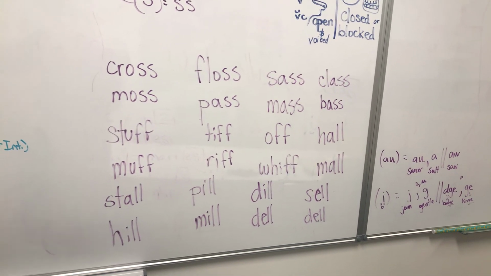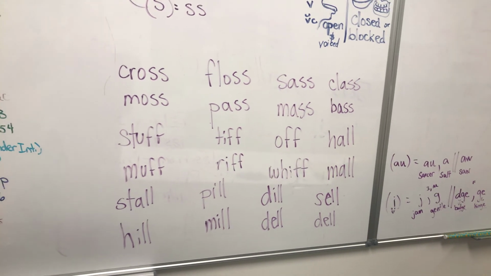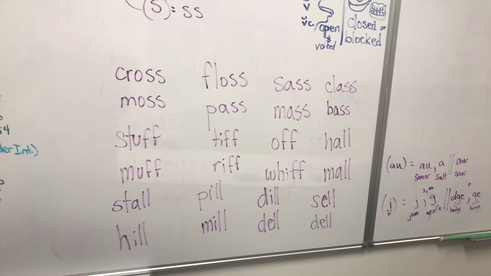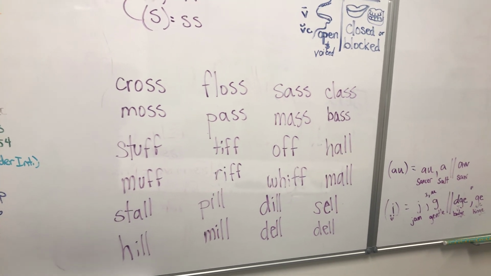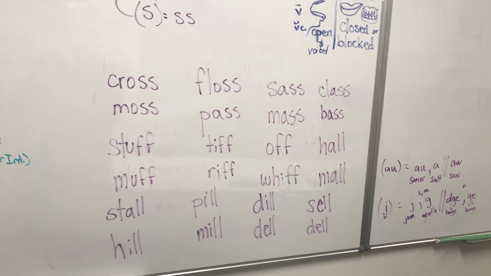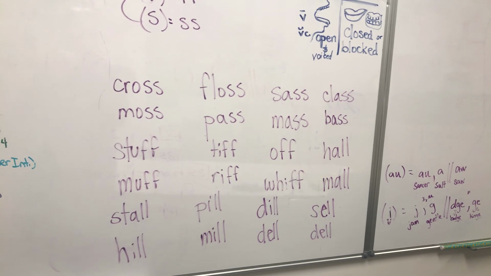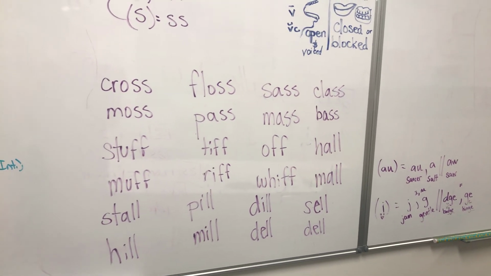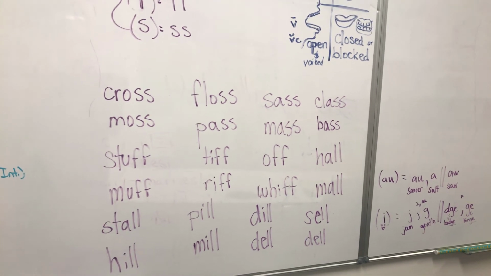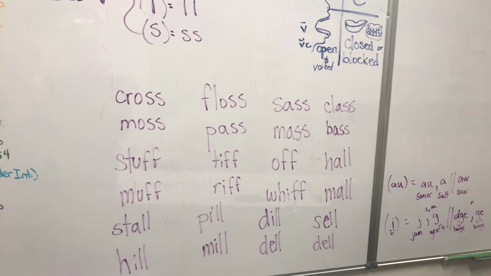However, because your mouth has to go from saying an ah sound to an ul sound, it changes the A sound just a little bit and turns it into sounding a little bit more like an O sound or even a U sound. So, hall.